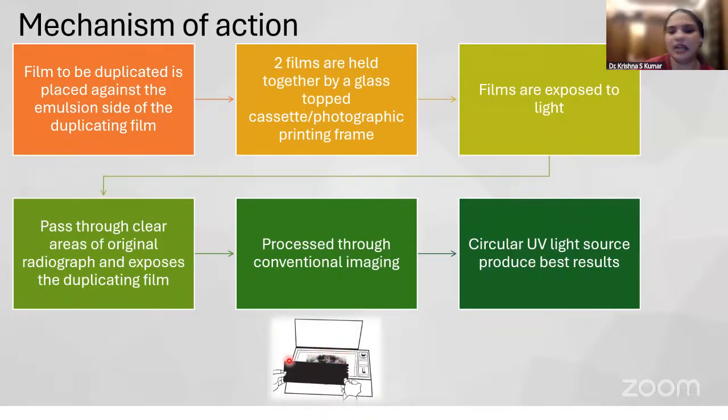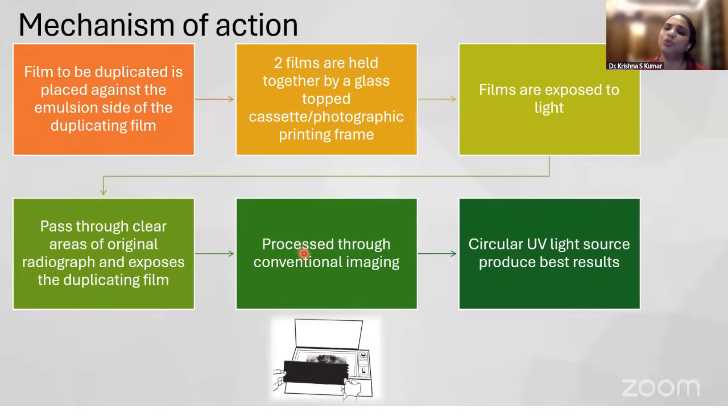It's only a single emulsion film. It doesn't have double coating. The emulsion side has to face the emulsion side of the film which has to be duplicated, and light is exposed by holding them together, and all the details from this film will be passed on to the duplicating film.